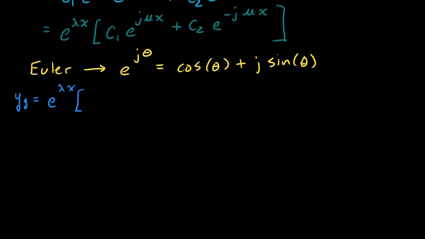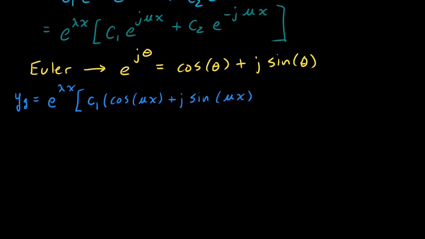We're going to convert all these things from complex exponentials to sine and cosine terms. Okay, so I'm going to have a C1. Well, the first thing we're going to do is apply Euler's formula to the e to the j mu x. And so I'm going to write that as cosine of mu x plus j sine of mu x.